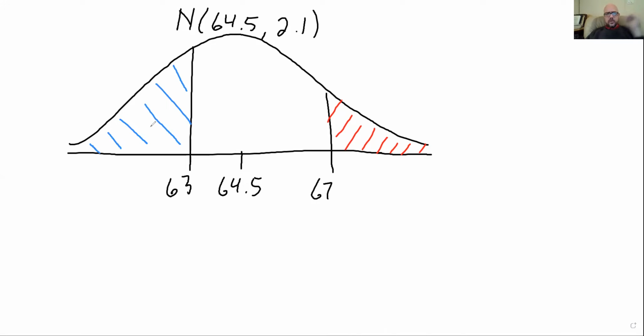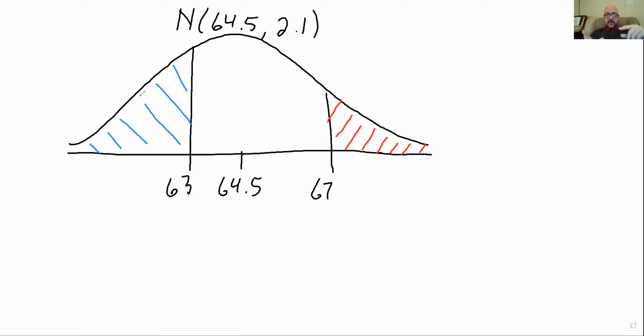So here I want to go 63 into the left. Now, when you're putting in the left edge here, there's an interesting, not exactly conundrum, but an interesting way of thinking about this. From a purely mathematical standpoint, I should put in negative infinity as my left edge because this distribution goes to the left forever.